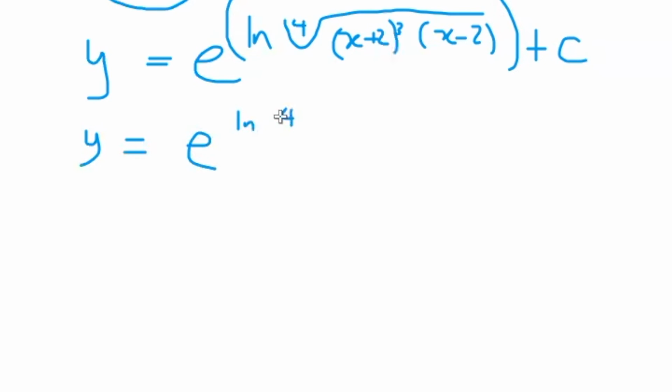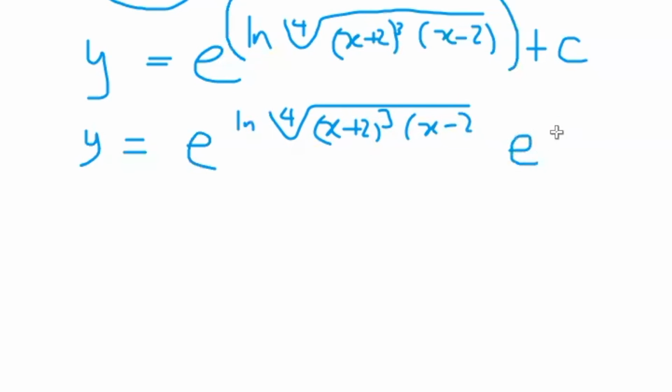So that's e raised to ln fourth root x plus 2 raised to the 3 times x minus 2, and then I'll have e to the c. Now it's the same thing because indices rule says you write the base once, which is e, and you add the power, which is what we have up the top.